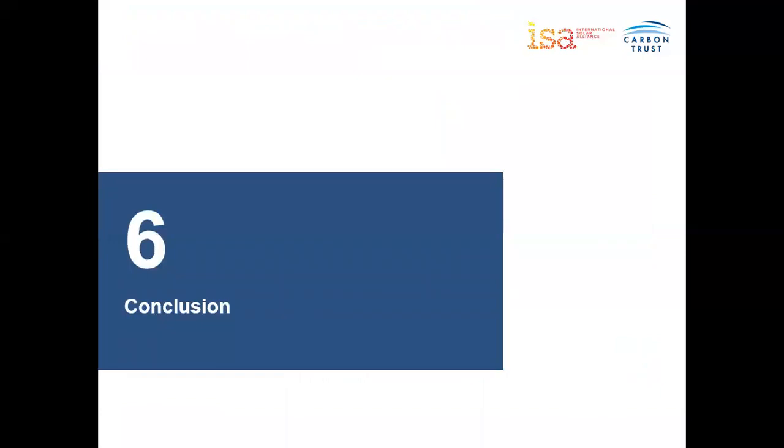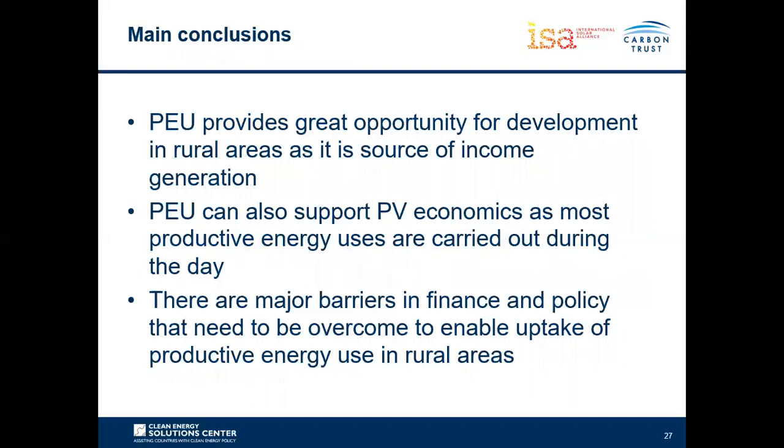And in conclusion, we can see that productive energy uses is a great mechanism for rural upliftment and socioeconomic development in these rural areas, as it provides a source of income for households that were previously unelectrified or previously did not have income streams.